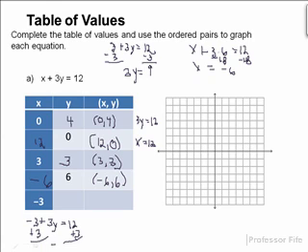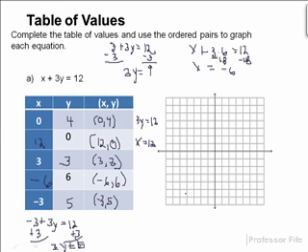And that's going to give me 3y equals, whoops, that should be an equal sign, equals 15, and then divide by 3. 15 divided by 3 is 5. So this last point is the point -3, 5.